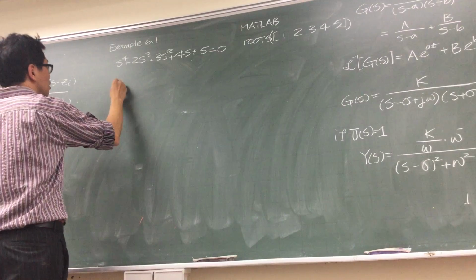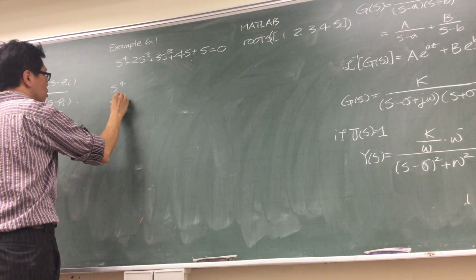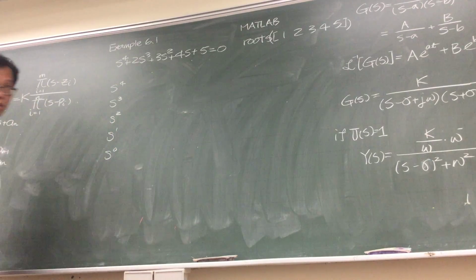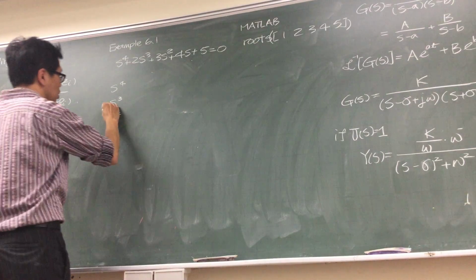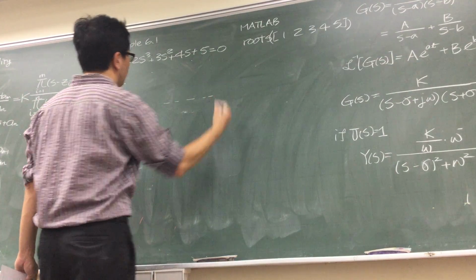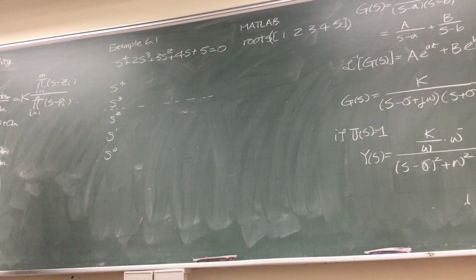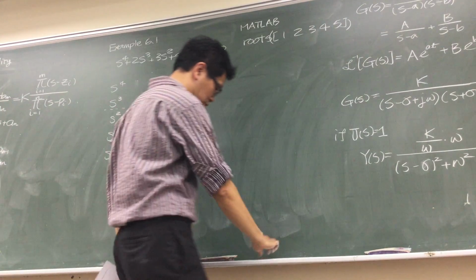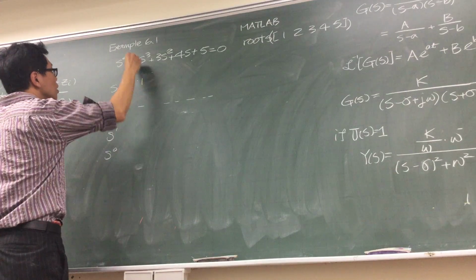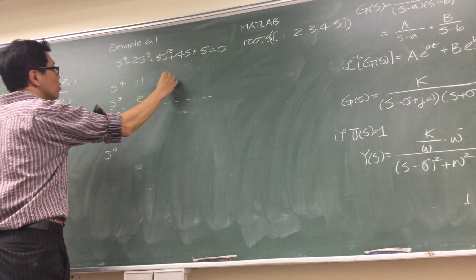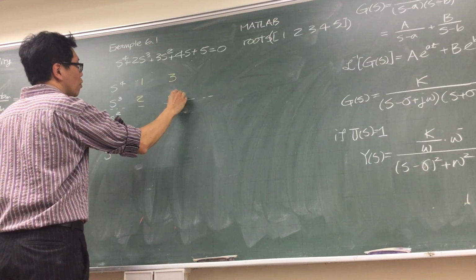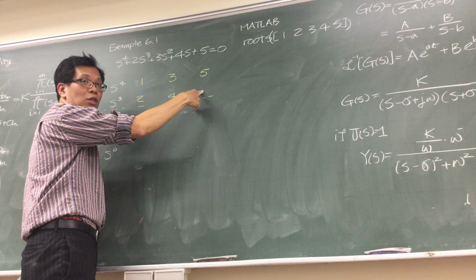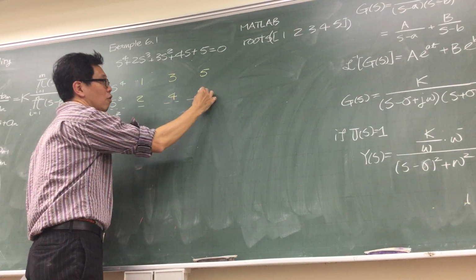So we have fourth order, third order, second order, first order, zeroth order. We just need to fill the first two rows from 1, 2, 3, 4, 5. I don't have anything over here, so which number should I put over here? 0.